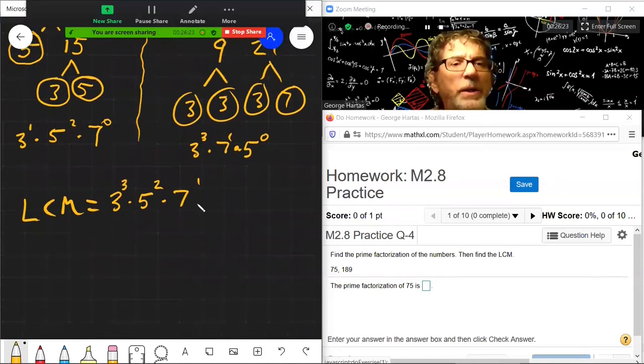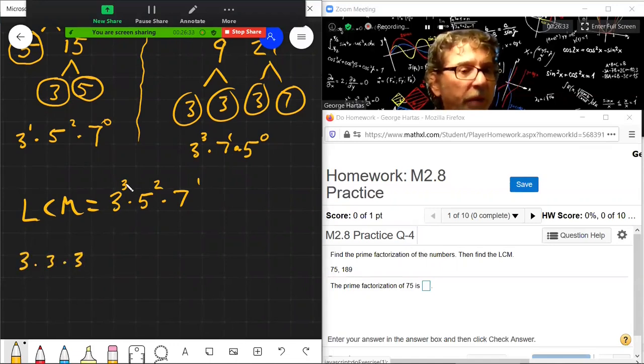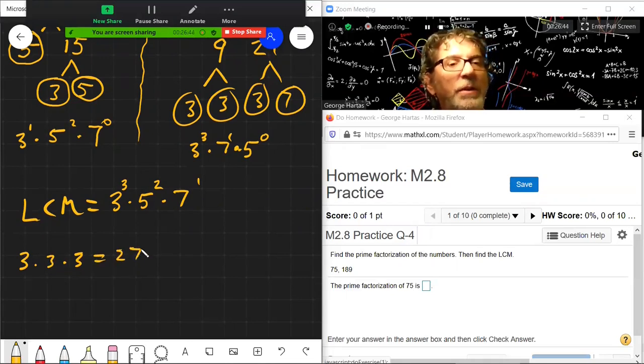So let's do it down here. Now, remember, this is the same as 3 times 3 times 3, right? It's not 3 times 3. It's 3 times 3 times 3. And this is 27. 3 times 3 is 9. 9 times 3 is 27. This is 25, correct?